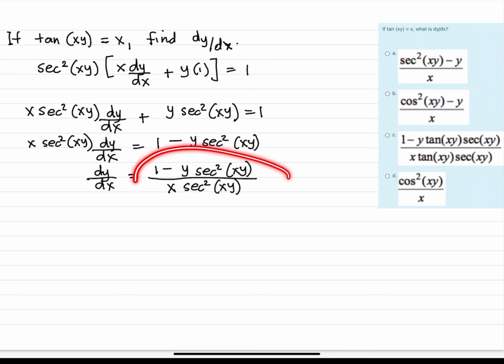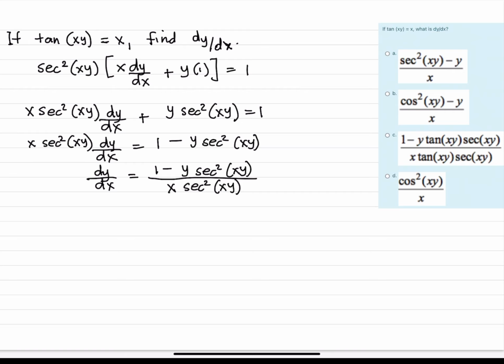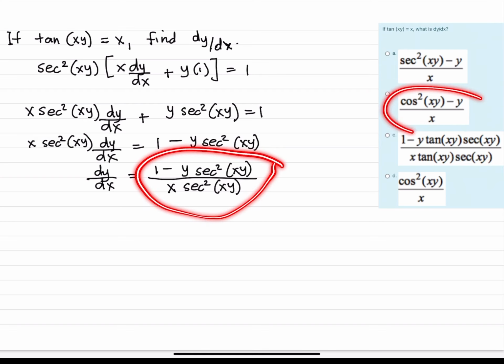Now if you stop here, you might say the answer is not found among the options. However, if you do further simplification, you'll end up with letter B, because we can express this in terms of cosine. How?